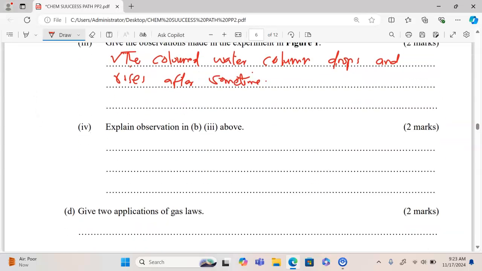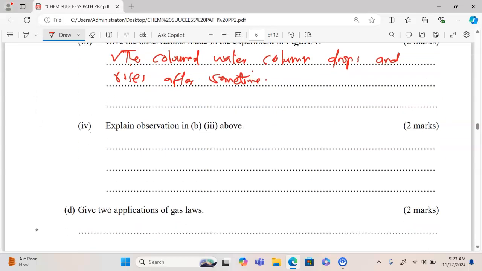Why? We can now explain our observation in B Roman 3 above. We can say when the flask is heated, it expands due to the heat from the warm water.